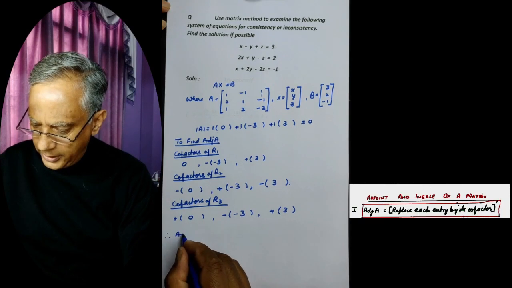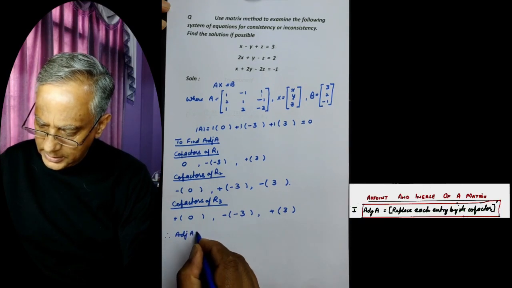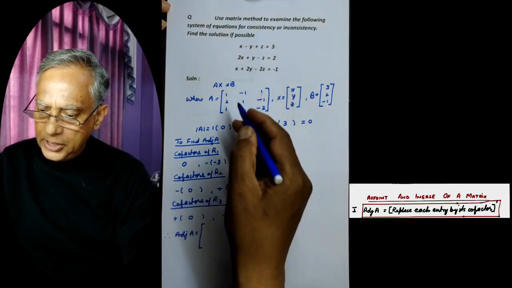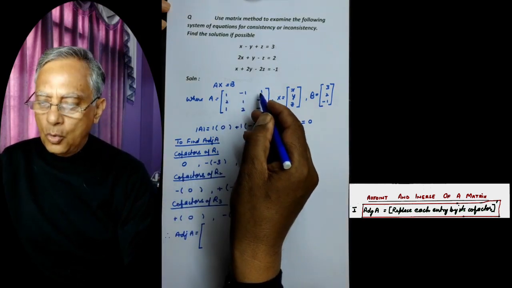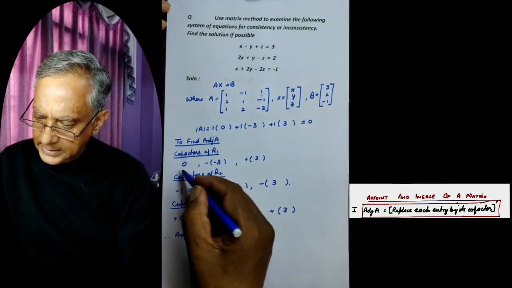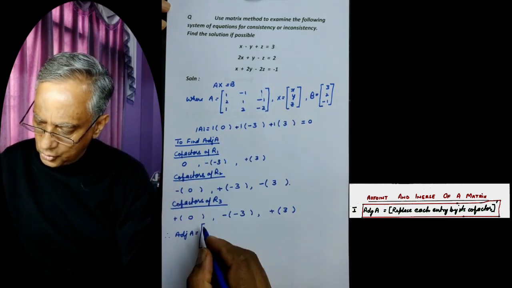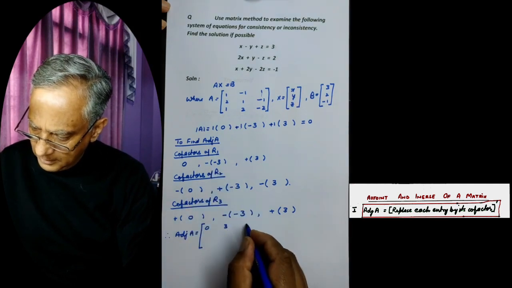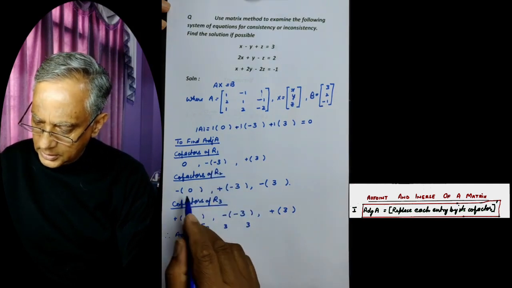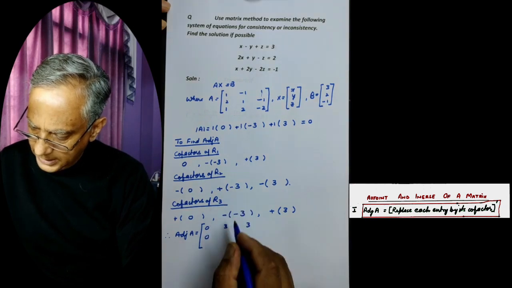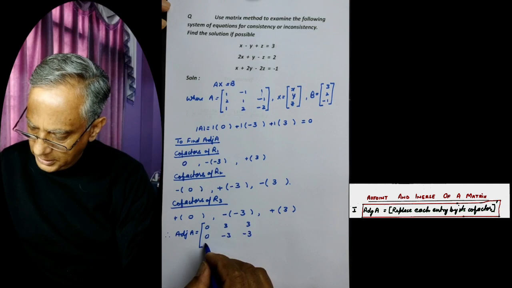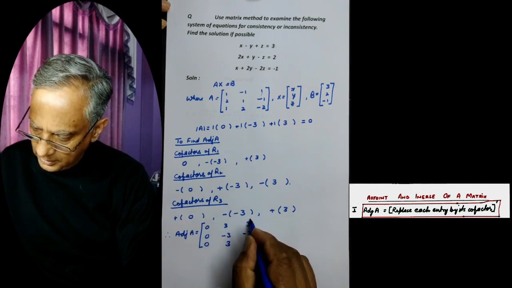Therefore, adjoint of A is equal to. Now replace each entry by its cofactor. So replace all the entries by their cofactors. So this will be 0 minus minus plus 3 plus 3. This will be 0 minus 3 minus 3. This will be 0 minus minus plus 3 3.